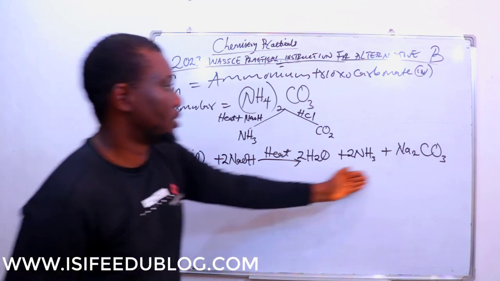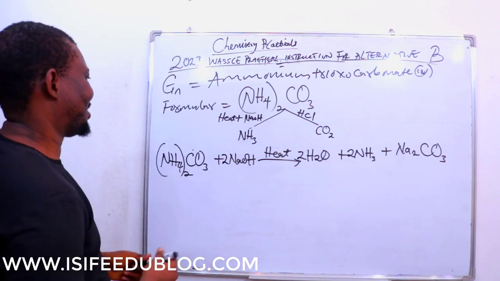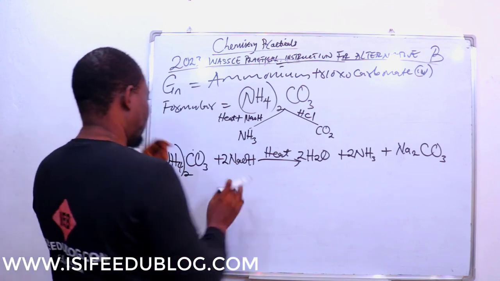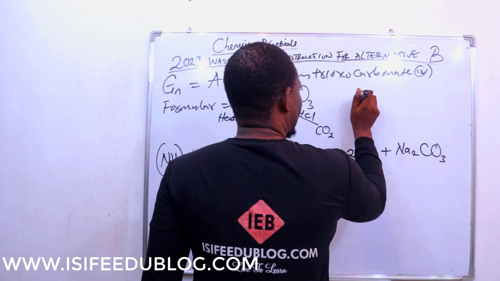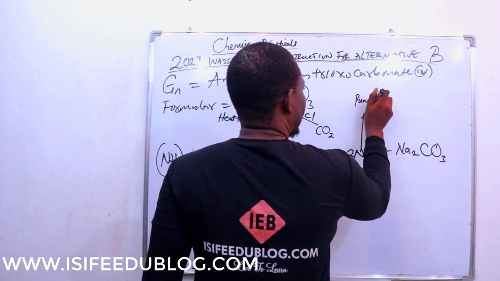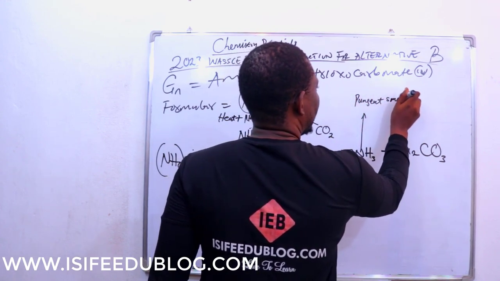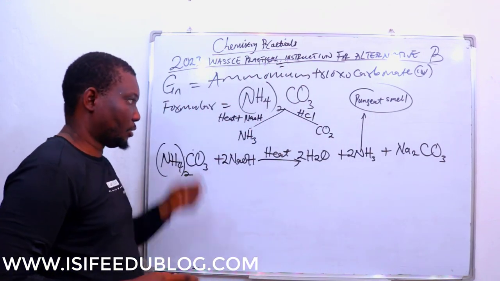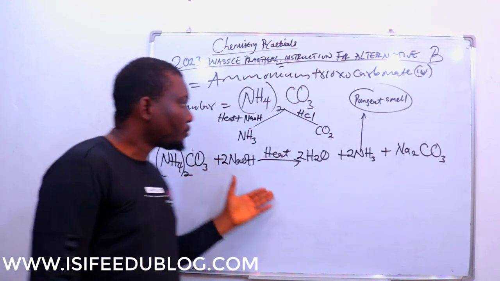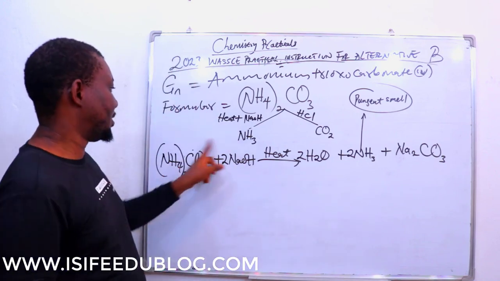So this is what you have. Interestingly, the reaction is just to identify ammonia gas. At that point, you start to hear a pungent smell. That's what you see in the first instance.